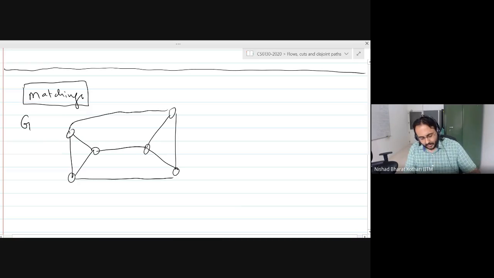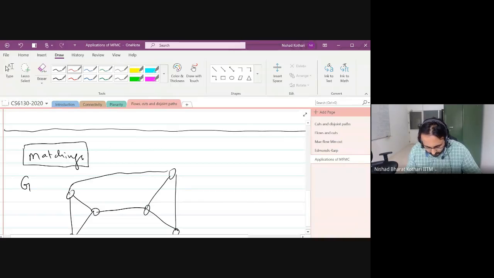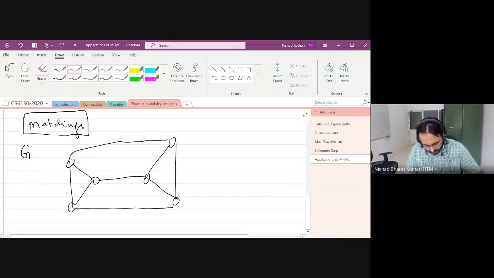So what is a matching? A matching is something that looks like this. Let me show you a few matchings. This is, for example, a matching, the red colored matching. This is the green colored matching. Let's look at one more, the blue colored matching.